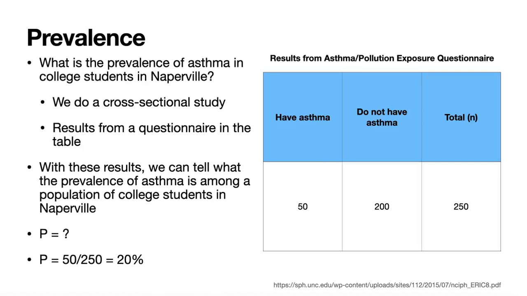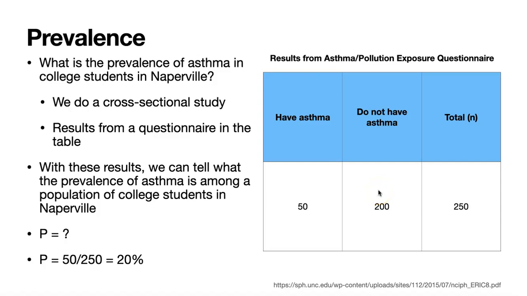Prevalence. So we are going to find out what is the prevalence of asthma in college students in Naperville. We do our cross-sectional study. We have our results from our questionnaire in our table right over here. So we found a population of 250 college students in Naperville, and we surveyed them. We found that 50 of them have asthma, and 200 of them do not have asthma.